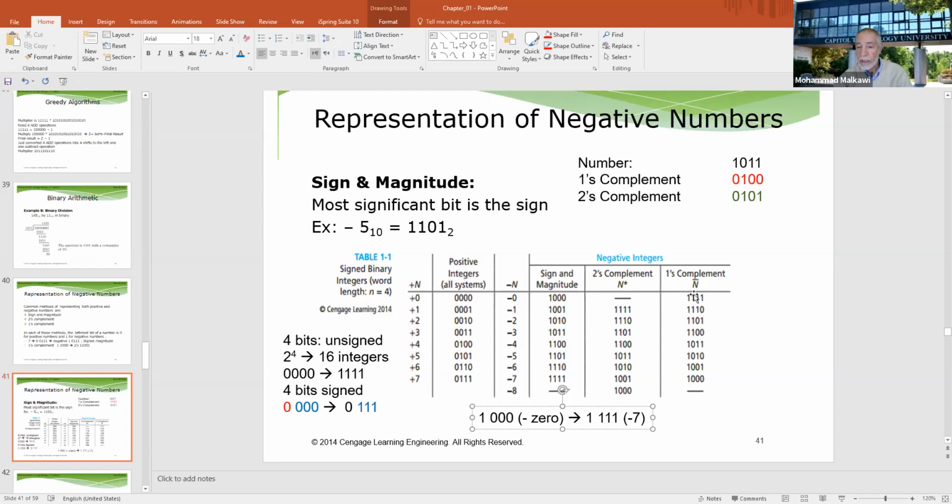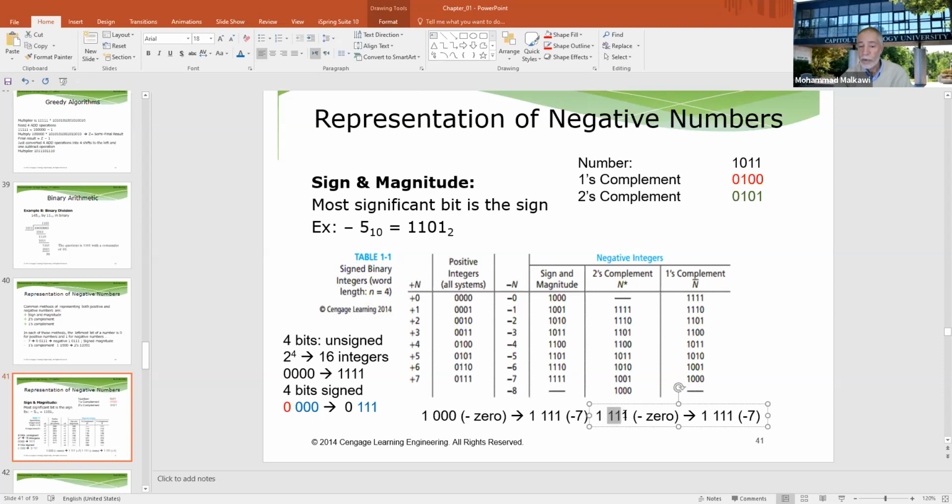My number here is negative. See the 1, 1, 1 in 2's complement. For the 1's complement, the 1, 1, 1, since the most significant bit is a 1, so it's a negative.